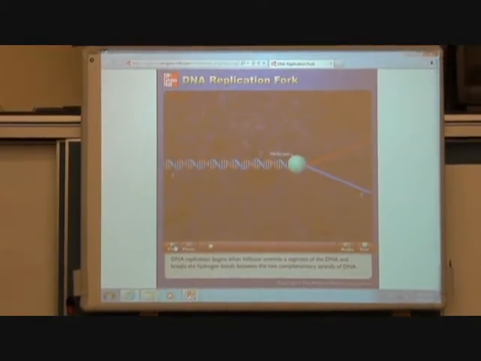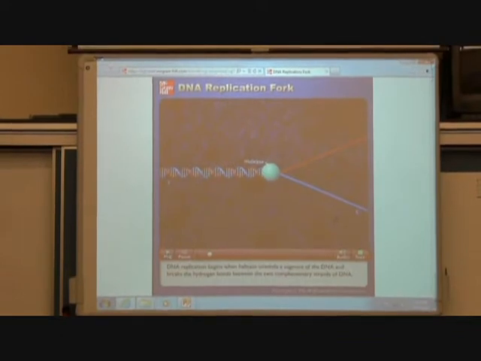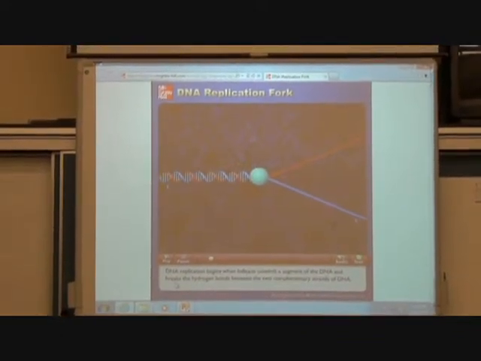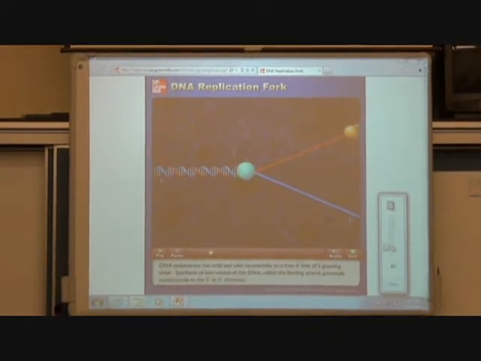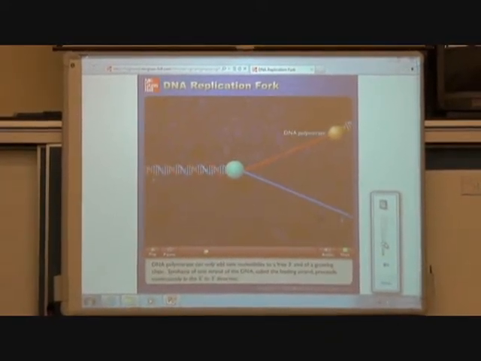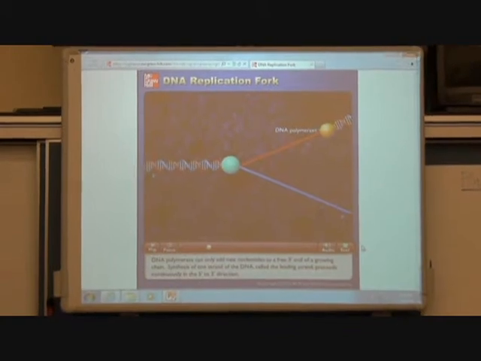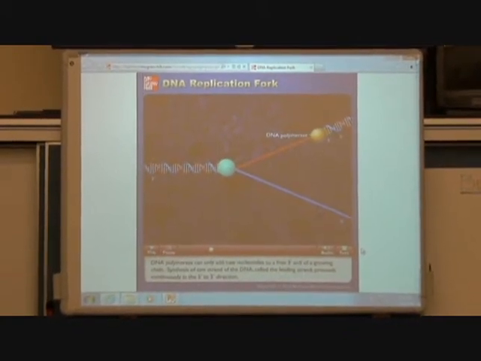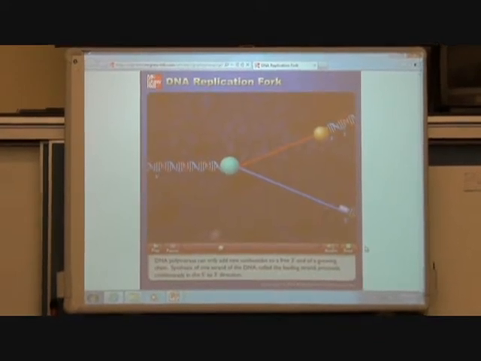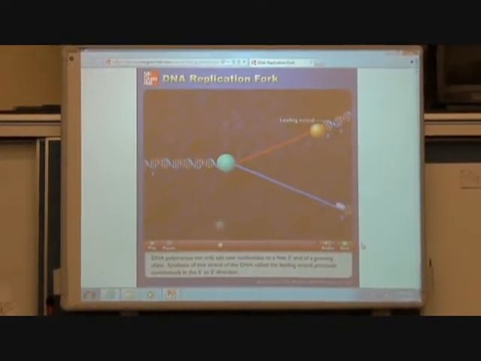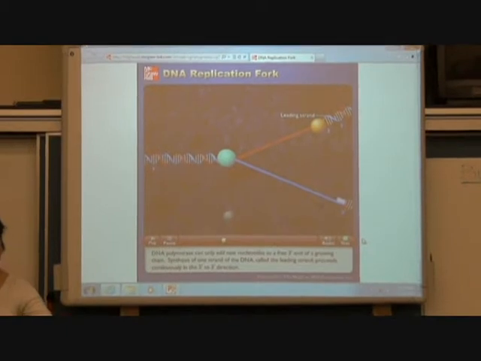When helicase unwinds a segment of the DNA and breaks the hydrogen bonds between the two complementary strands of DNA. DNA polymerase can only add new nucleotides to a free 3' end of a growing chain. Synthesis of one strand of the DNA, called the leading strand, proceeds continuously in the 5' to 3' direction.